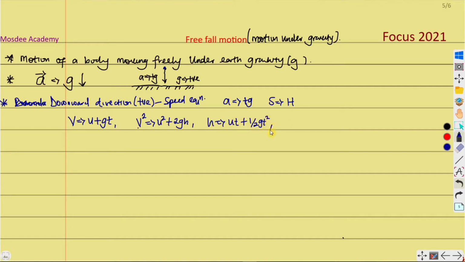And the last case, when we talk about the height at the time of 1, we say U plus V divided by 2 multiplied by T. So these are the speed equations that we discussed about accelerated body. And in terms of gravity, or what we call free-fall motion, we consider downward direction as positive.